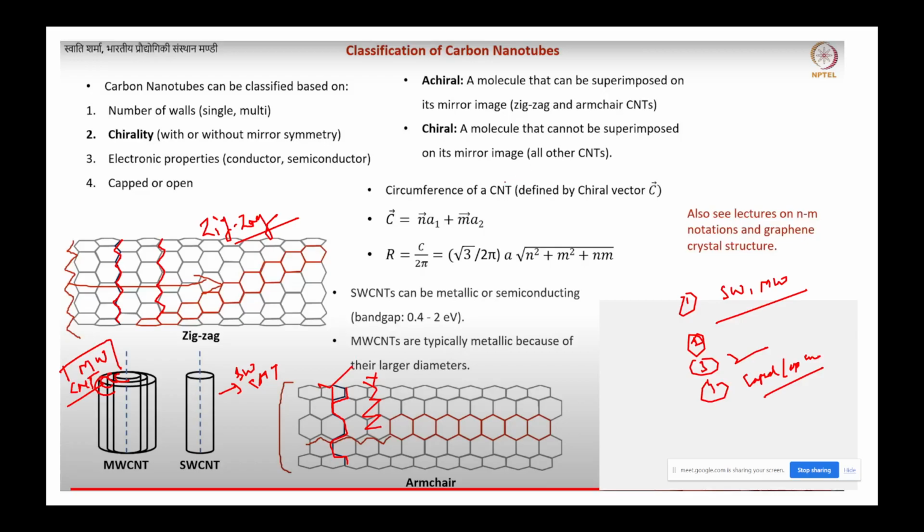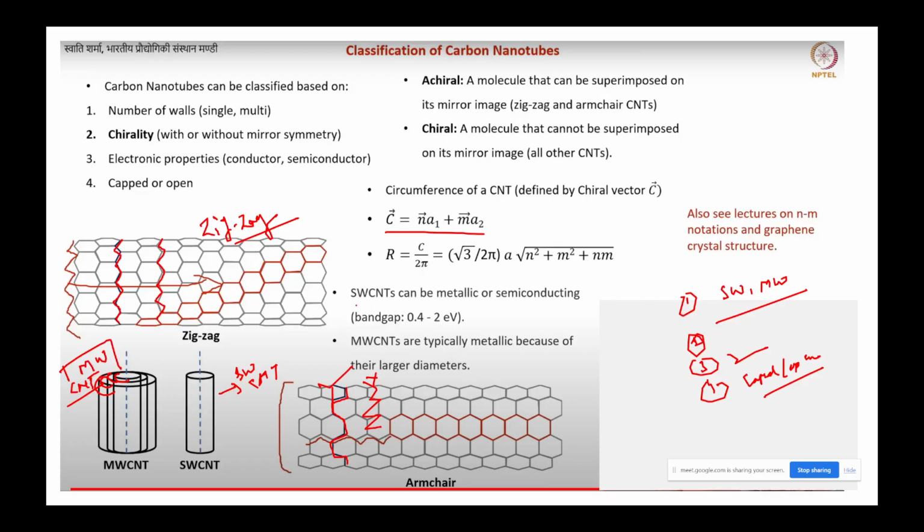So the circumference of CNT is determined by this chiral vector C, which is n a1 plus m a2, and here the radius R is given by C upon 2 pi, equals root 3 upon 2 pi times a times root of n squared plus nm plus m squared.